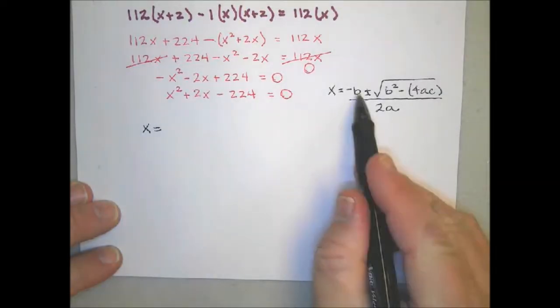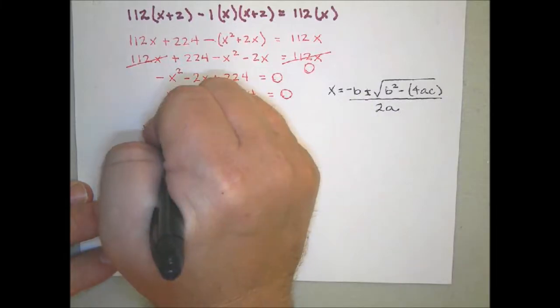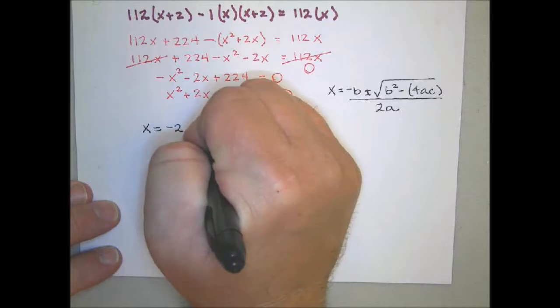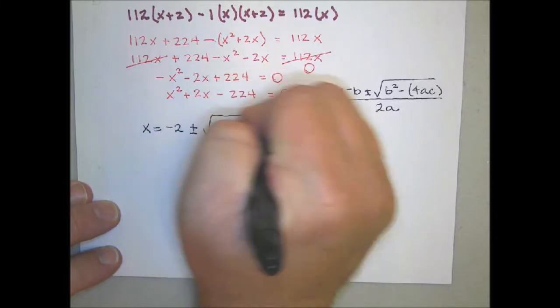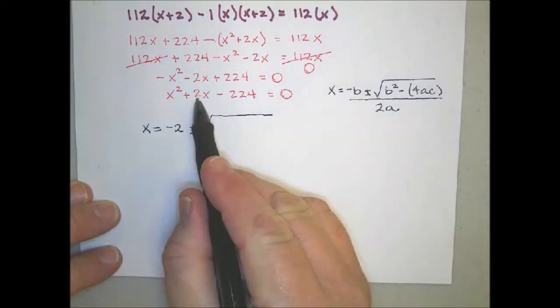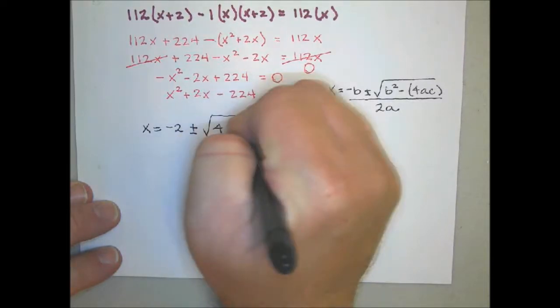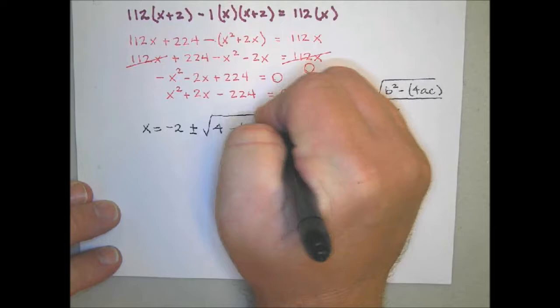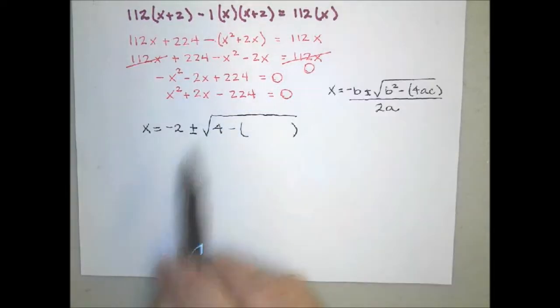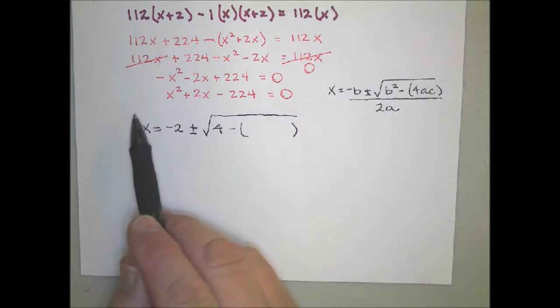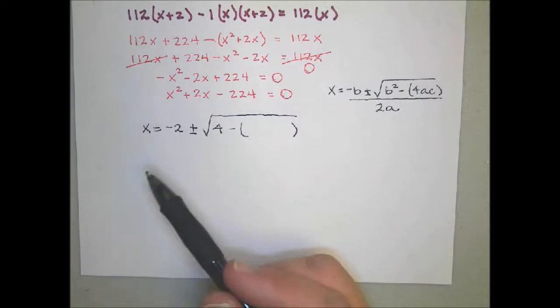x equals the opposite of the b value, so -2 plus or minus the square root of b squared, so 2 squared would be 4, minus, now I'm going to do 4 times a times c. 4 times 1, because that's the a value, is 4.